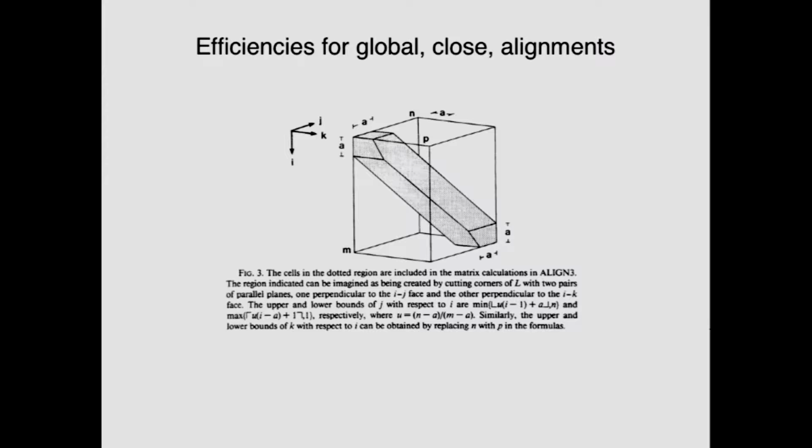Well, remember that what a multiple sequence alignment does is figure out where to put the gaps. Okay? So the reason that this cube is big is because I need to be able to deal with insertions and deletions.